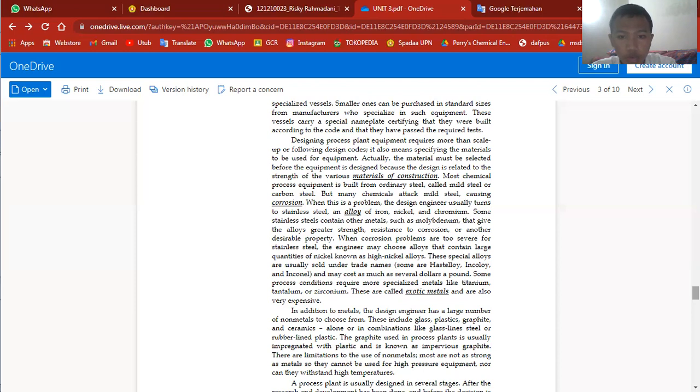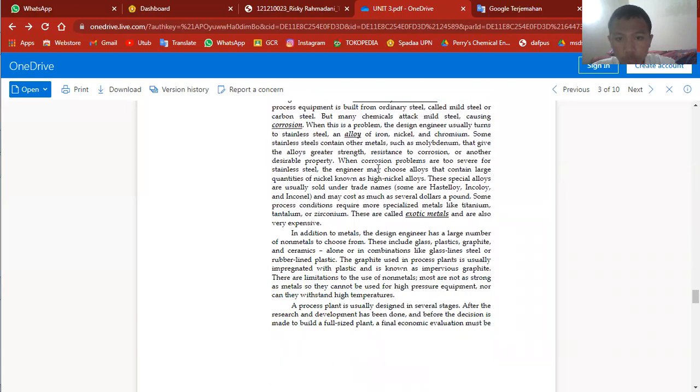When this is a problem, the design engineer usually turns to stainless steel, an alloy of iron, nickel, and chromium. Some stainless steels contain other metals, such as molybdenum, that give the alloy greater strength, resistance to corrosion, or another desirable property.